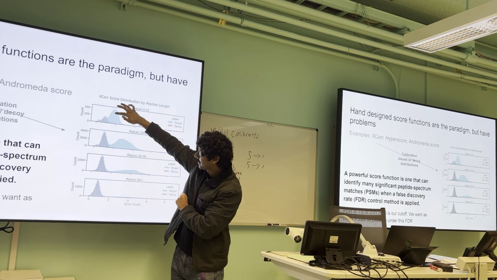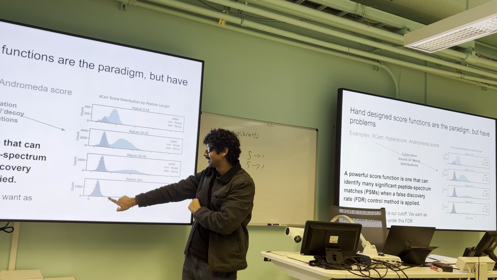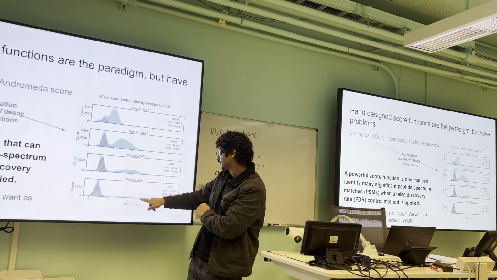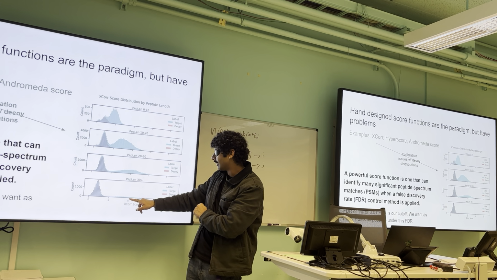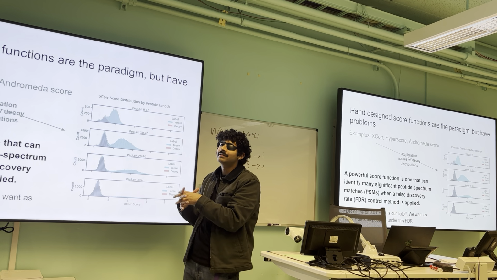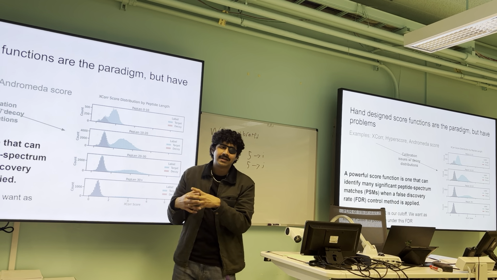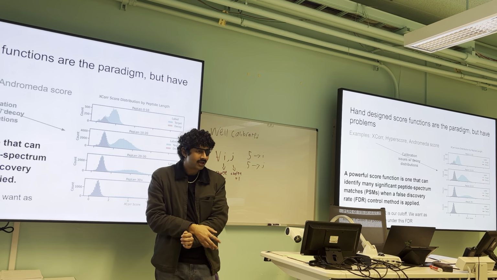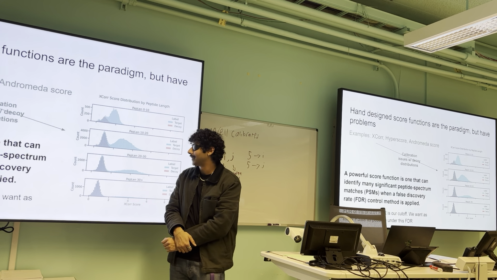It's where most of them lie. But when you get down to peptide length 30, that same score is abysmal, right? Because the targets, which are the proper ones, are over here. So if you have a score of 10, it doesn't tell you immediately if that spectrum is good or bad. You also have to consider some other orthogonal factors, which is less than ideal, right?